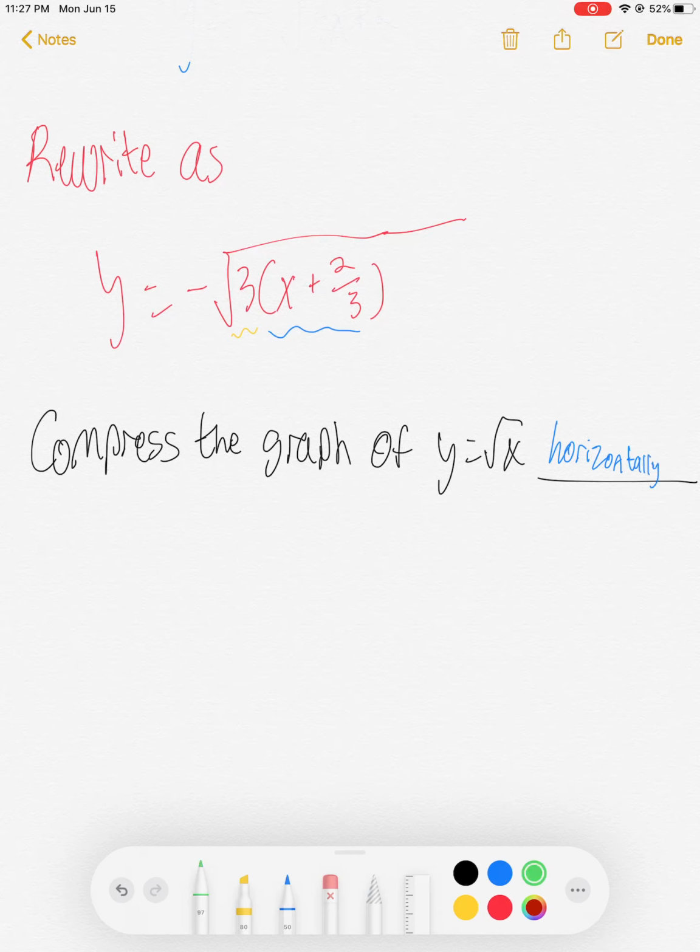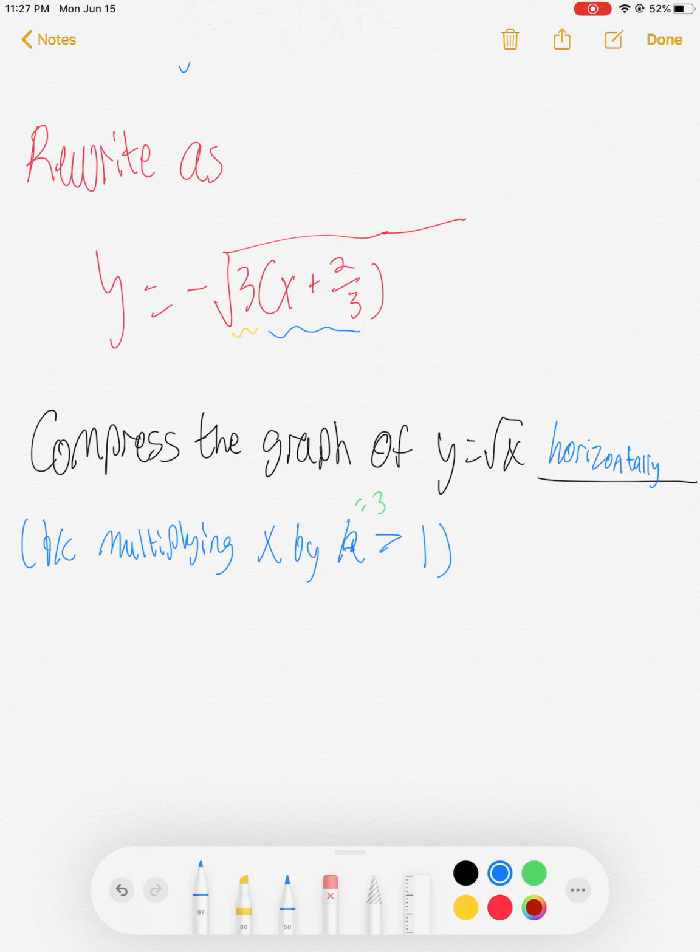Well, since we have a scalar in front of the x here, this 3, and 3 is bigger than 1, I should use a different color, shouldn't I? This means that we're going to compress the graph horizontally.